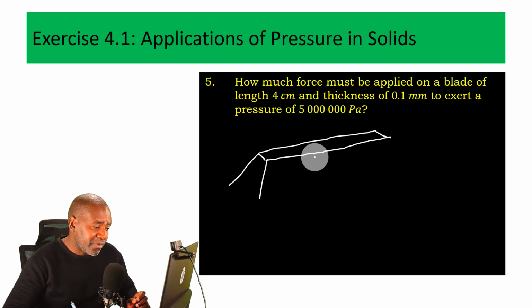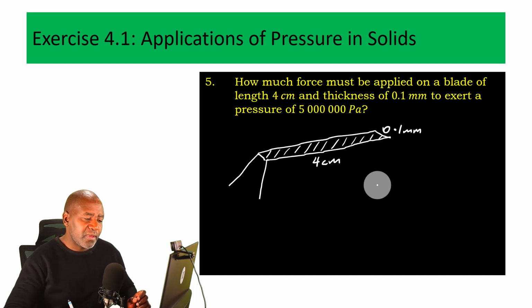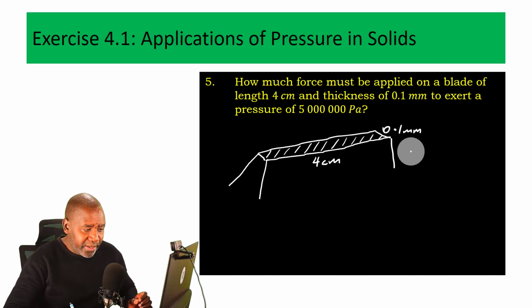The length, we've been told that it's 4 centimeters. The thickness here is 0.1 millimeters. We want this area of contact between the blade and whatever is being cut. So that area, let's use similar units. I'm going to use millimeters.